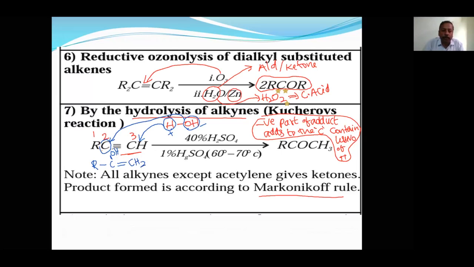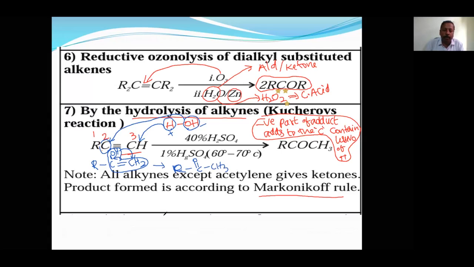Now there is a possibility in the reaction mechanism. I think we have studied tautomerism. In tautomerism, this hydrogen will come here and this double bond will go here. If you want, I will write it separately.